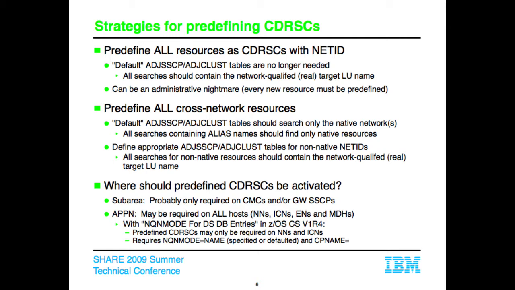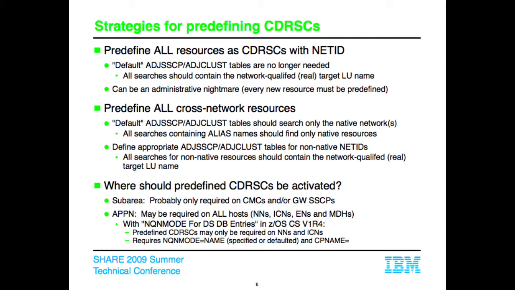And you could limit the default table, which is used for alias searching, to only search the VTAMs in your own network, either in your subarea network or in your APPN network. That typically works best for most customers because they only have to predefine the resources that are cross-network, and maintaining adjacent SSCP and adjacent cluster tables for their own network is usually fairly easy to do also.